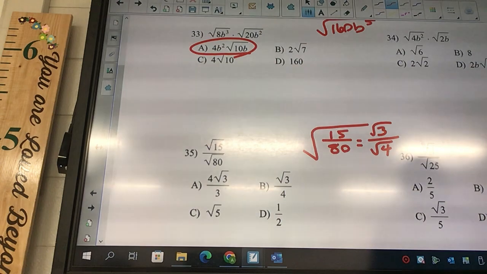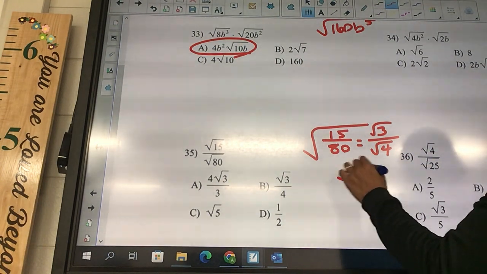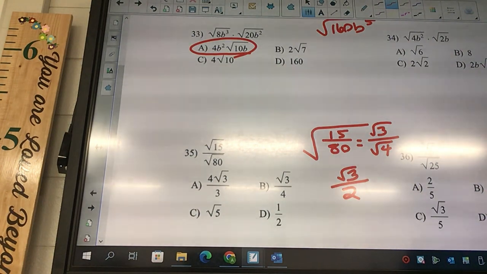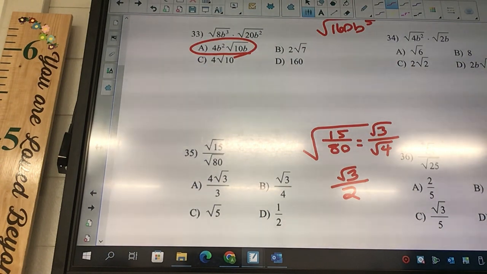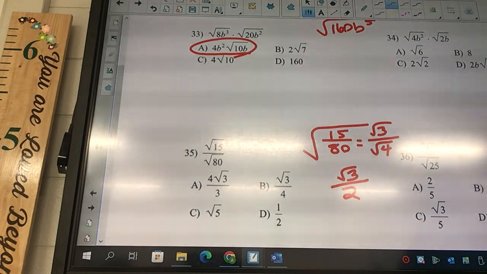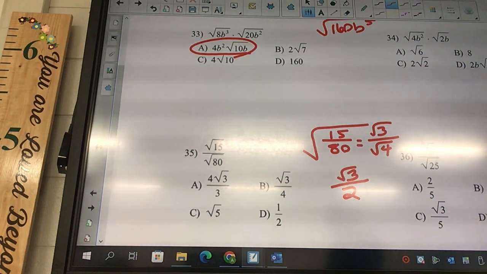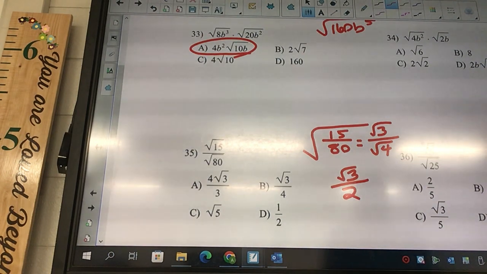What is the square root of 4? 2. So it's really going to be square root 3 over 2.